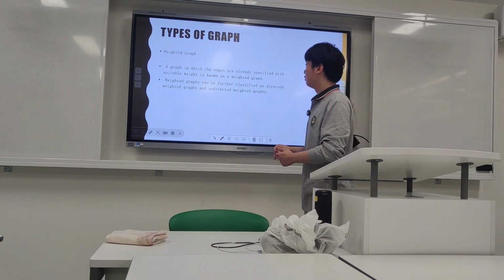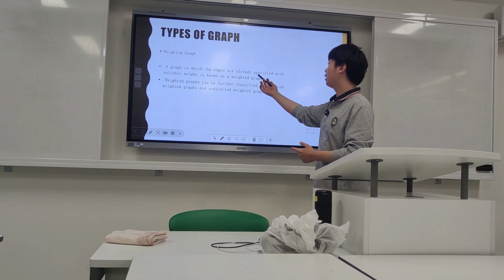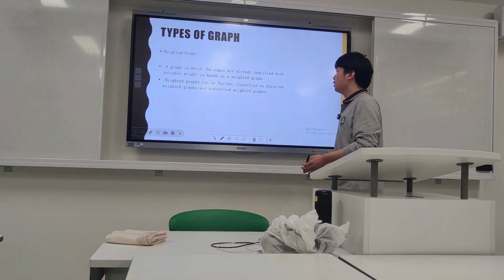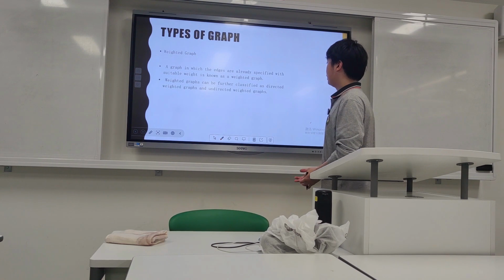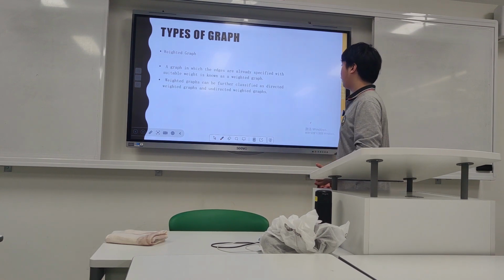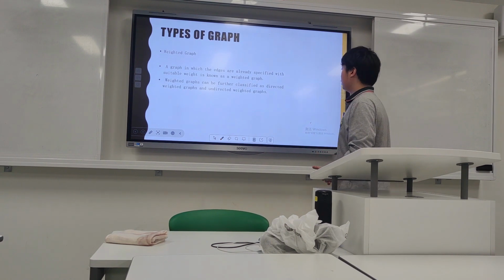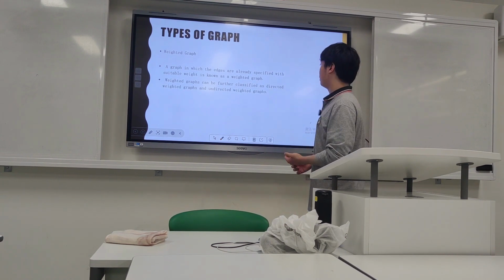Here, weighted graph. A weighted graph is a graph in which the edges are specified with a suitable weight, and they can be further classified as directed weighted graphs and undirected weighted graphs. We will give an example here.